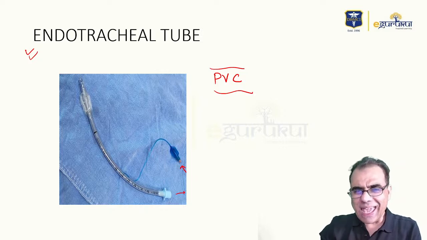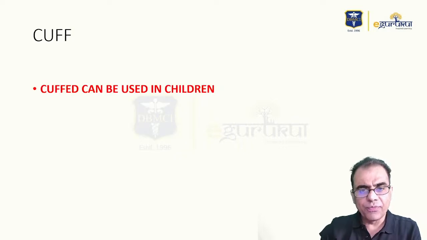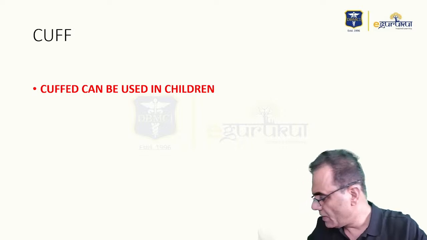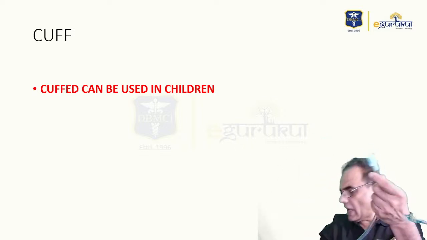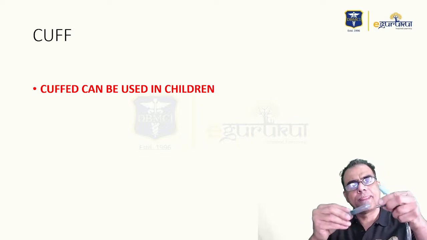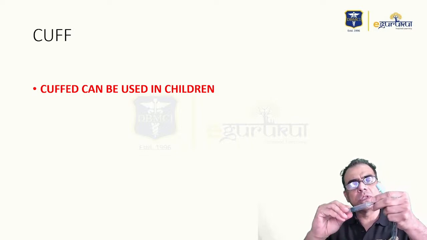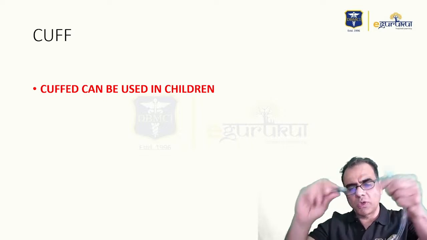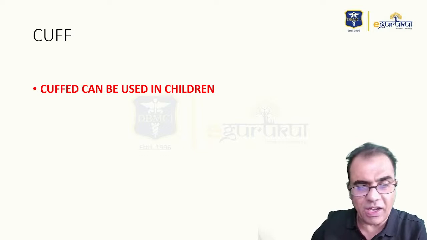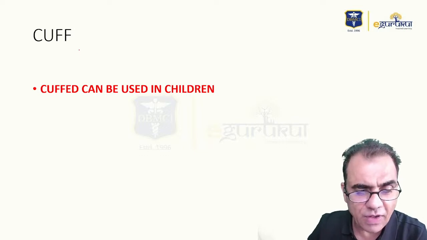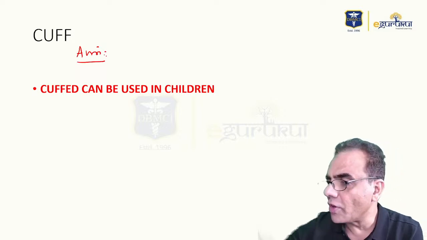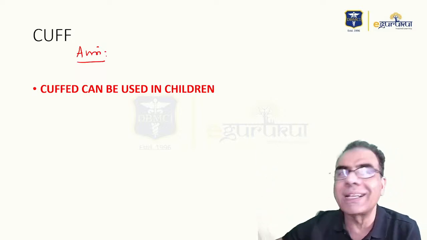Now what is the aim of the cuff? This is an endotracheal tube and the cuff is inflated. There is a pilot balloon system which you can use to inflate this cuff. If I ask you what is the aim of the cuff, I know many of you will say that the cuff may be used for fixation of the tube so that the tube doesn't come out.